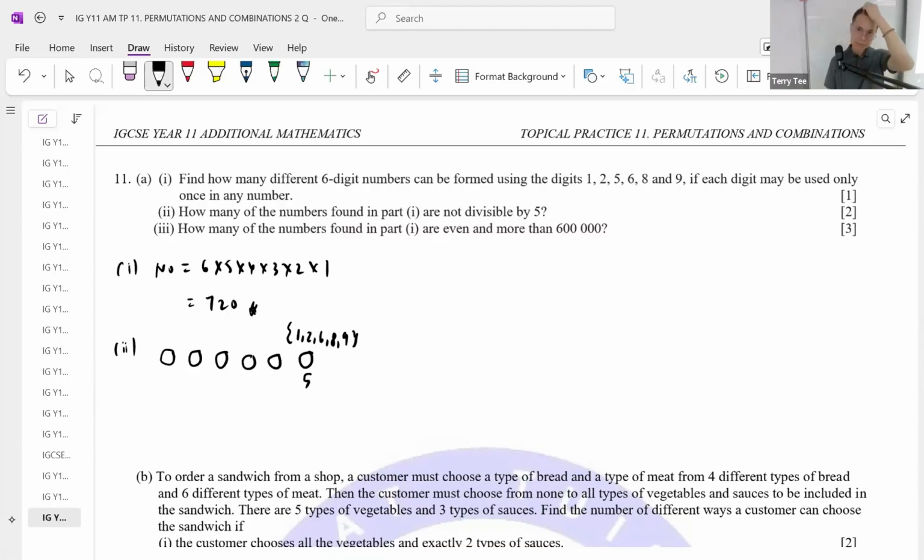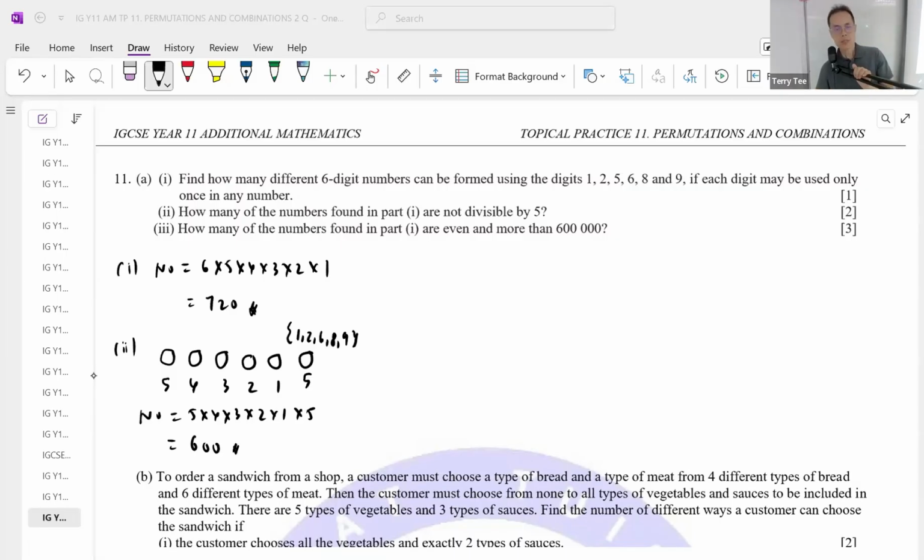The rest can be any number, right? You have 6 digits, so reduce by 1, left with 5, 4, 3, 2, 1. So the number of ways is 5 factorial. We know 5 factorial is 120. 120 times 5, 600. I think this is quite easy. You just cannot end with 5.